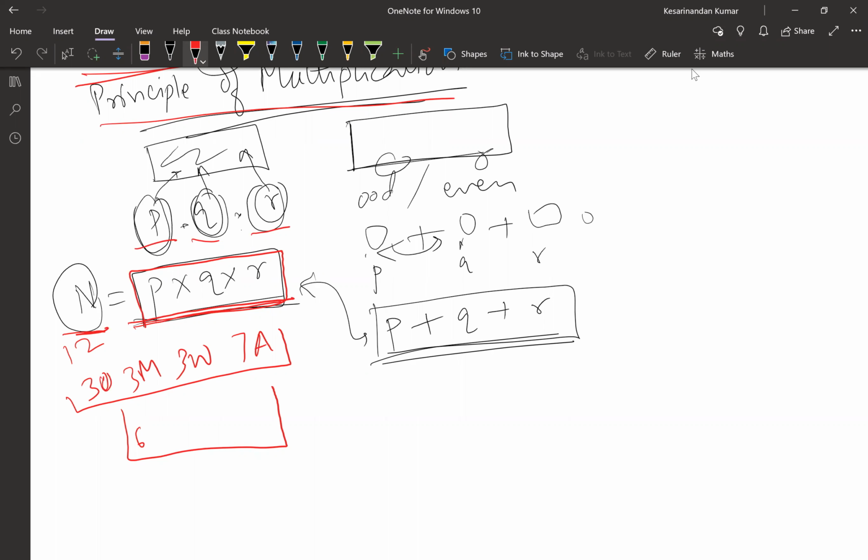Or let's not consider even that part. Let's consider all 12 unique, different kinds of fruit. One is orange, one is apple, one is guava, one is pineapple, all different. So how many ways can we have different fruits? They will all be different, right? Everyone will have a different one.